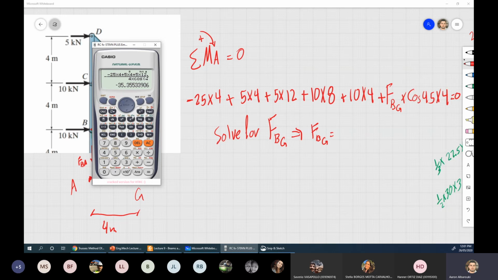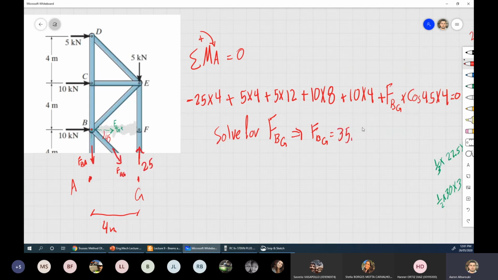That's 35.35 negative kilonewton tension, or equals 35.35 kilonewton compression.